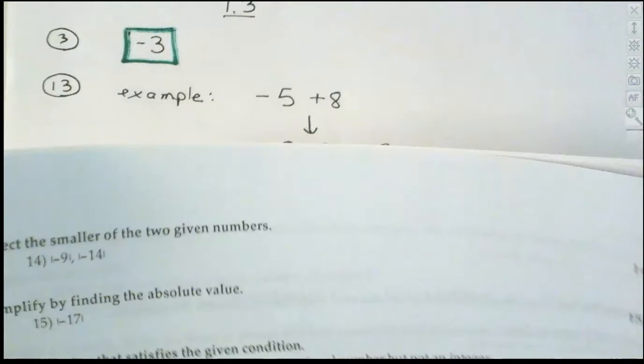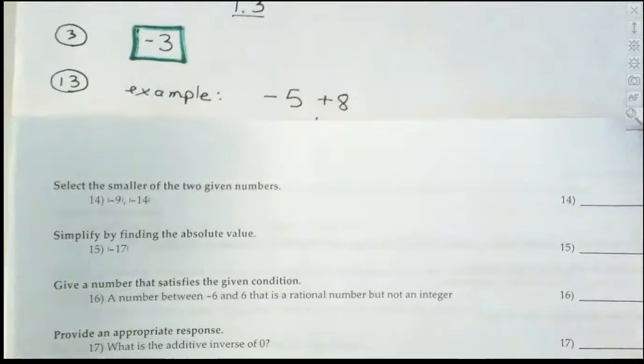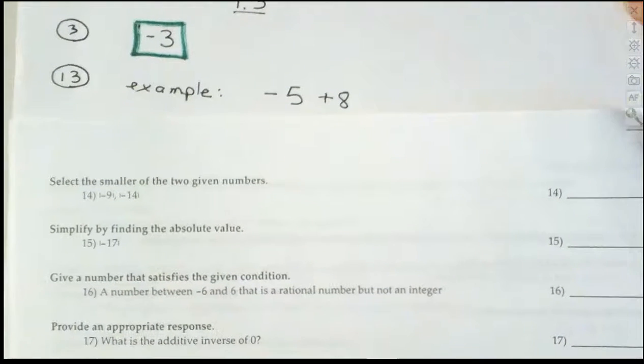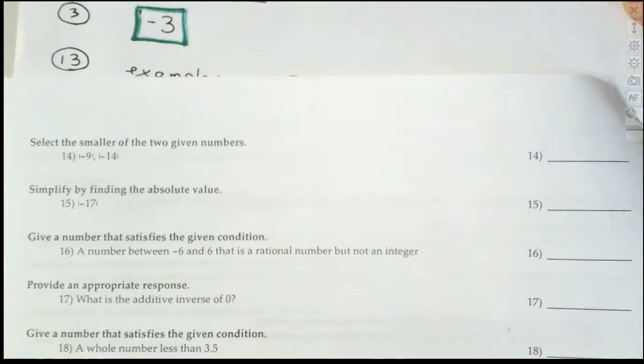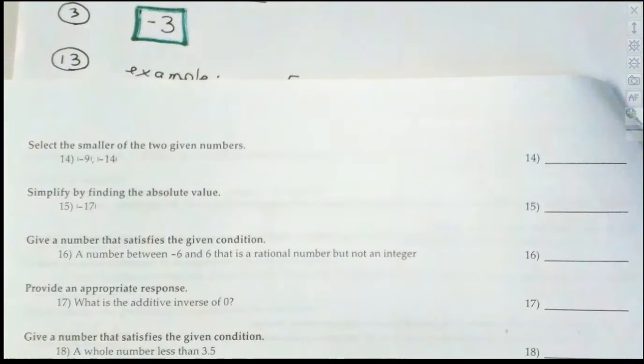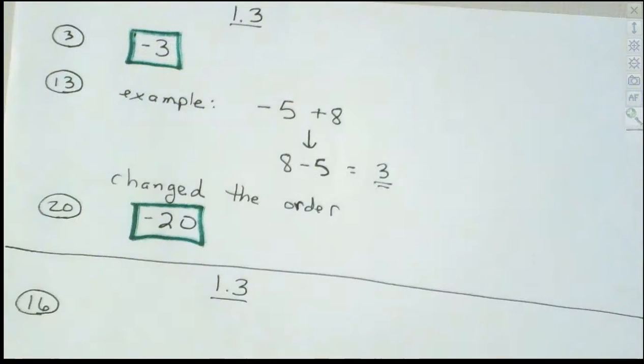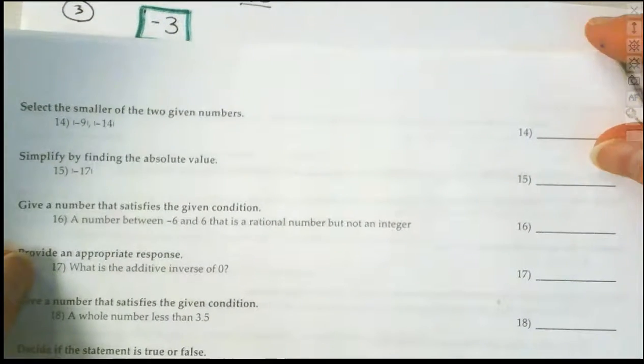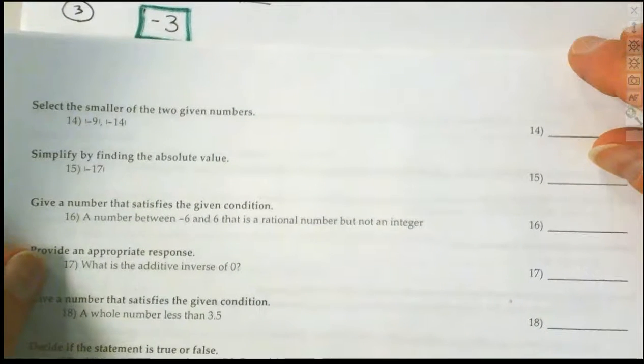Okay, so this one is wanting us to come up with a number that makes this true. And there's lots of different answers that are going to work here. Make sure I'm on the right one here. We want to come up with a number that fits the condition.